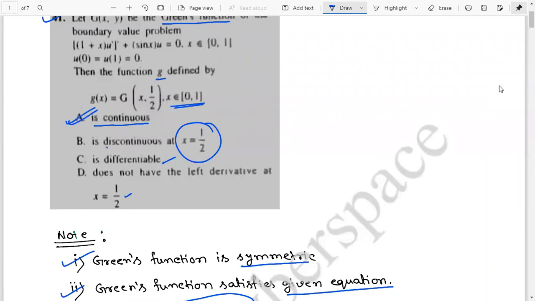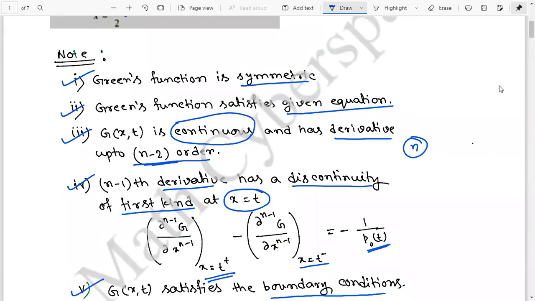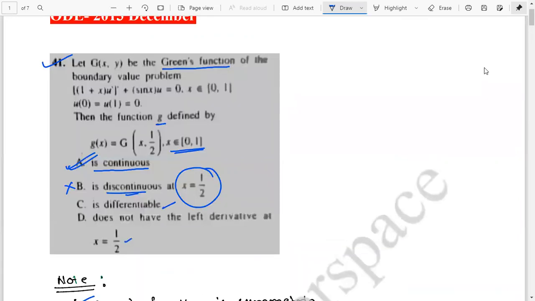All other options are incorrect: discontinuous is incorrect, and not differentiable everywhere is incorrect. The (n-1)th derivative has a discontinuity of the first kind, and here it is given that it has derivatives up to n-2 order. So option C will be incorrect and option D is also incorrect. Next question.